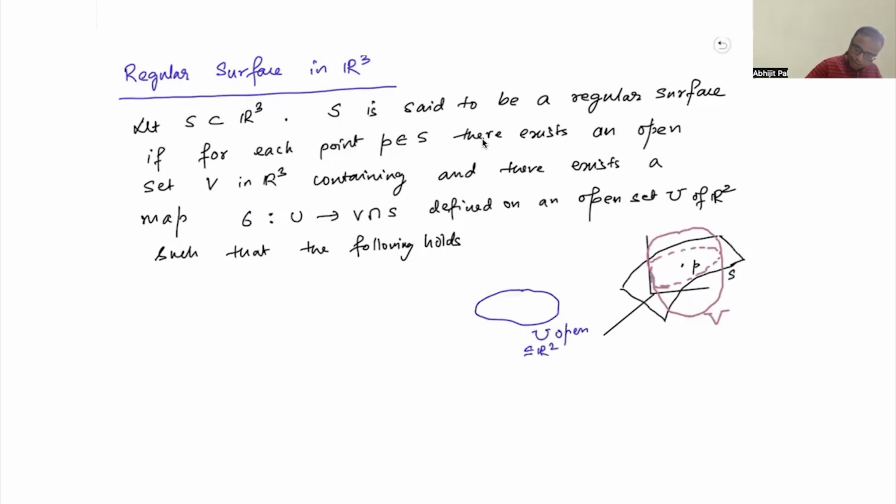And there exists a map which takes this U to this portion, which is my B intersection S. So this map is sigma. So sigma will satisfy the following properties. If sigma satisfies these properties, then we say this S is a regular surface.